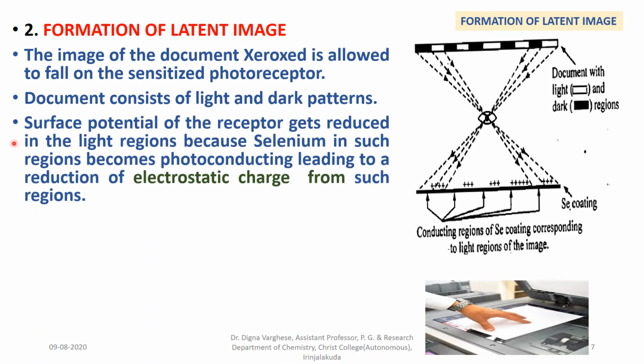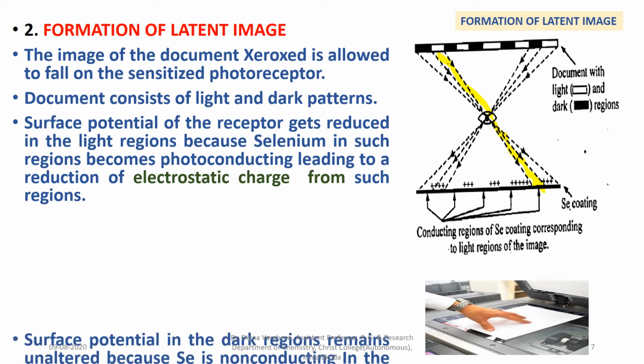The surface potential of the receptor gets reduced in the light regions, because selenium in such regions becomes photoconducting, leading to a reduction of electrostatic charge from such regions.